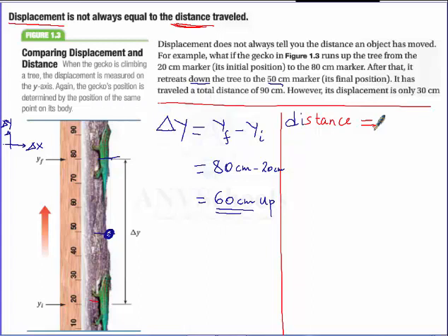So the total distance while it is moving up is 80 centimeters minus 20 centimeters.